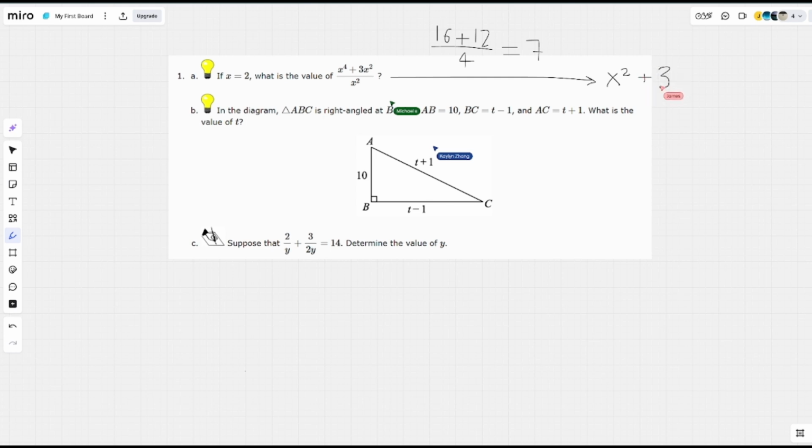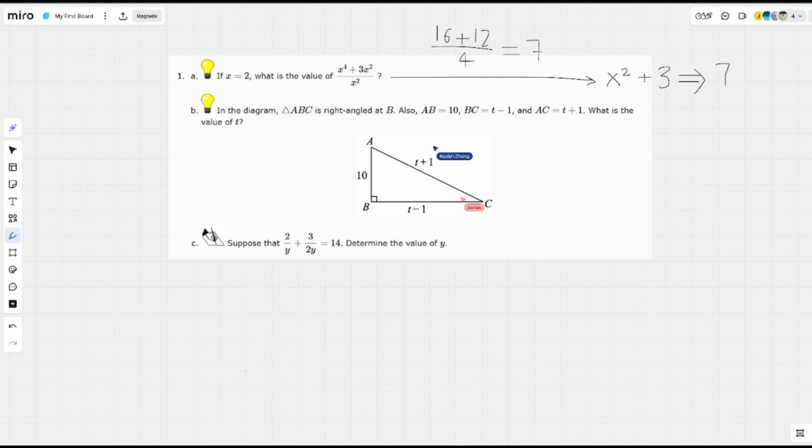Note that you're not dividing by 0 here, because you're given that x equals 2. Make sure you don't divide by 0 in questions like these. Since x equals 2, you can plug it in and get 7 as well. So you can either immediately plug it in and get a value, or simplify it first.